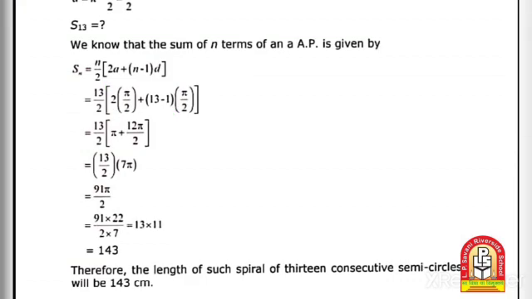So pi plus 12 pi by 2, that is 7 pi. So 13 into 7 pi by 2, that is 91 pi by 2, and pi is 22 upon 7. So it is 13 multiplied with 11, which is 143 respectively.